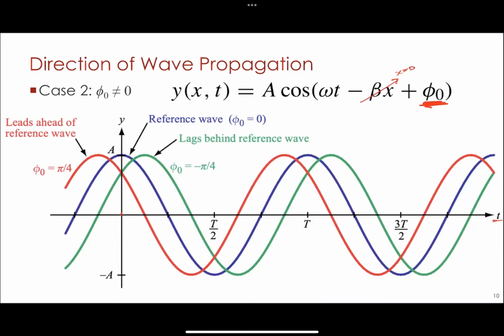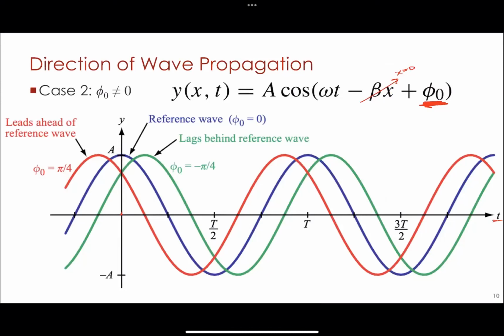What if, though, let's say t equaled a small negative value, such that omega times t was equal to phi 0?